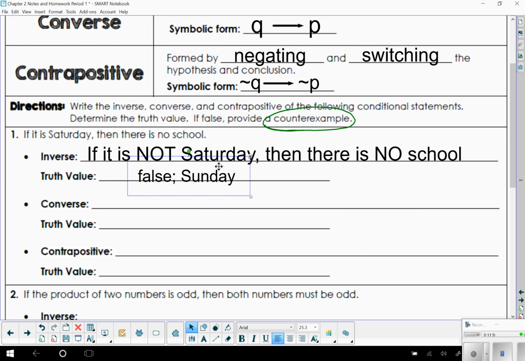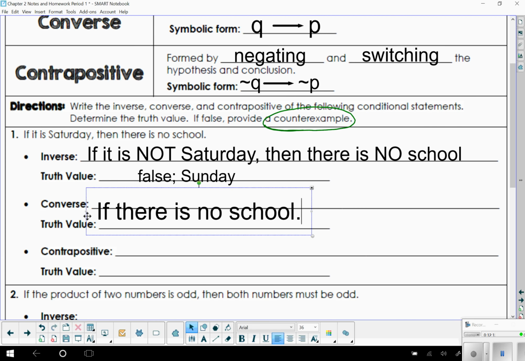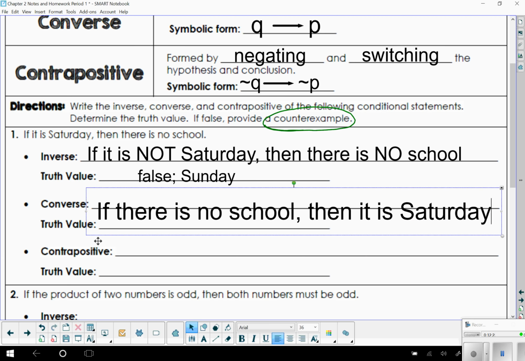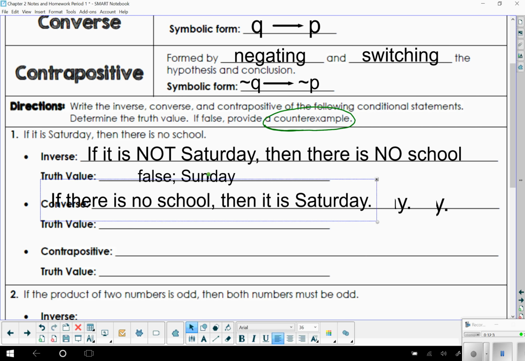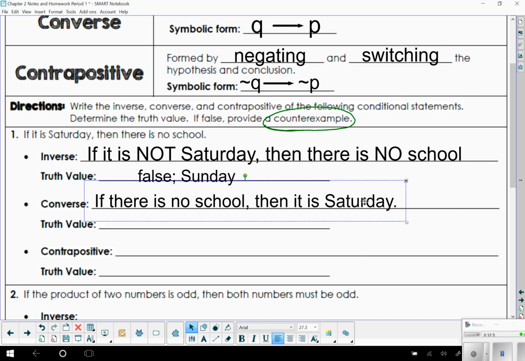Okay, now the converse, which is just switching the hypothesis and the conclusion. So I'm going to type it right there. Now, is that true?